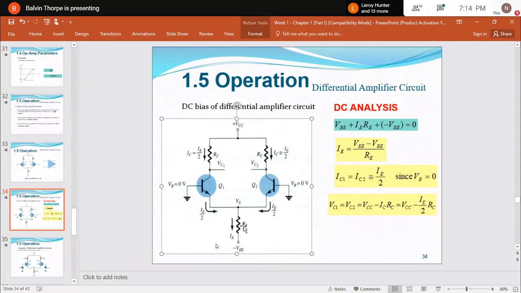Now, there's something I need to tell you about this circuit. One last thing before we go. Very, very critical. Ladies and gentlemen, you see this network?